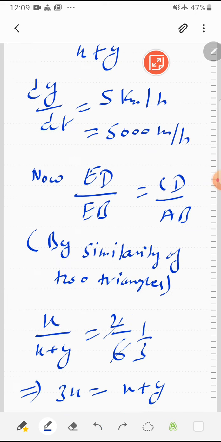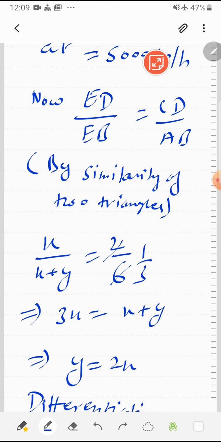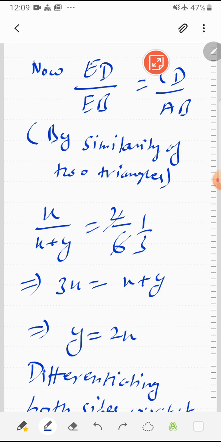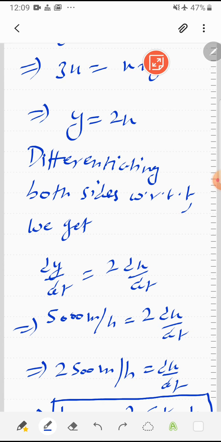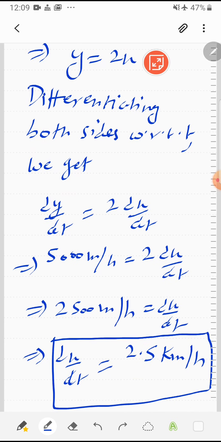So you can check, putting all these values, after cross multiplication we get the relation between y and x. Now differentiating both sides, because we want the derivative of x, the rate at which the shadow is increasing. So dy by dt is equal to 2 into dx by dt, or putting the value, 5000 meters per hour is equal to 2 into dx by dt, or dx by dt is 2500 meters per hour, or as per the question language, dx by dt is 2.5 kilometer per hour.